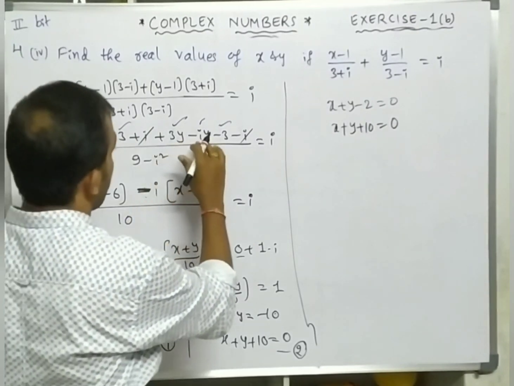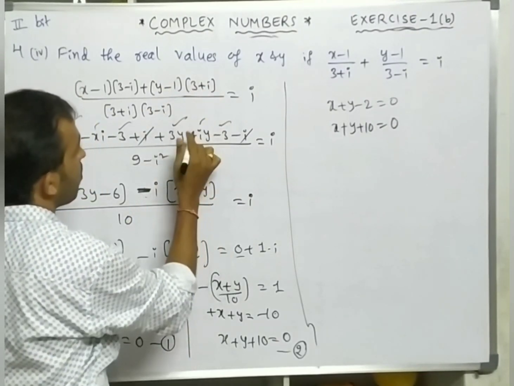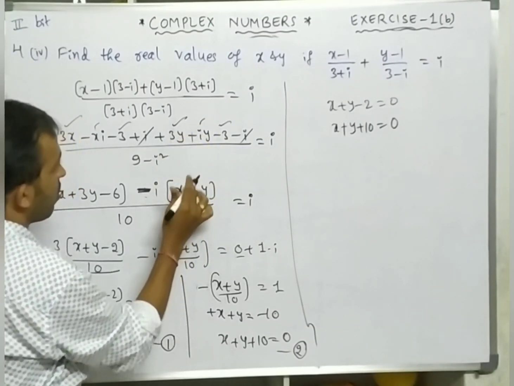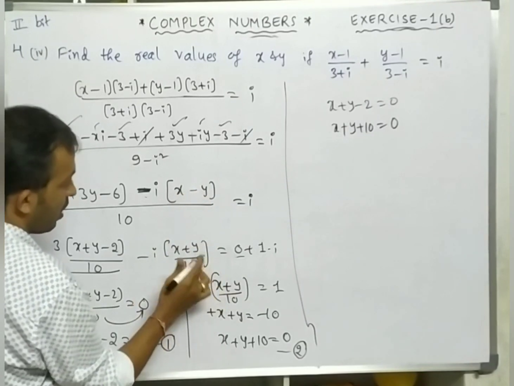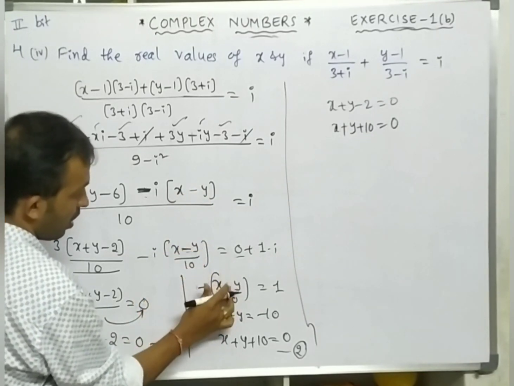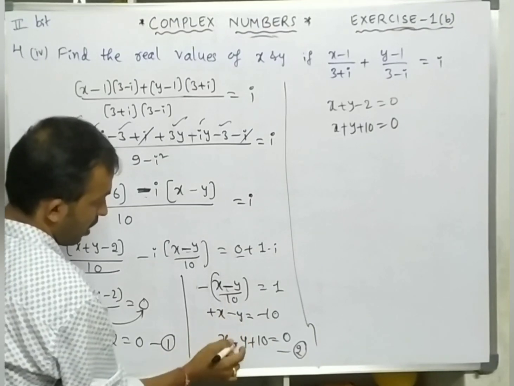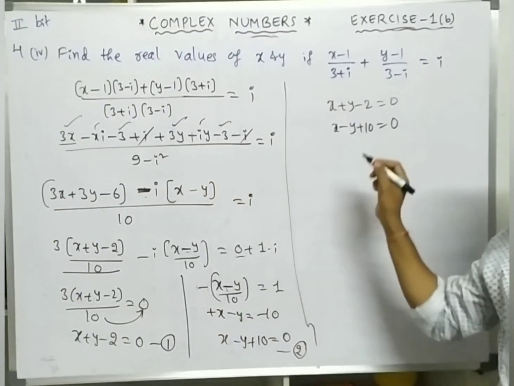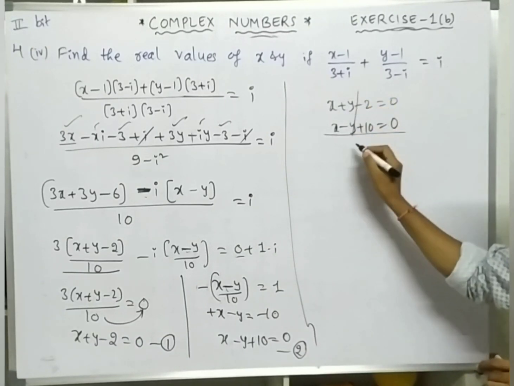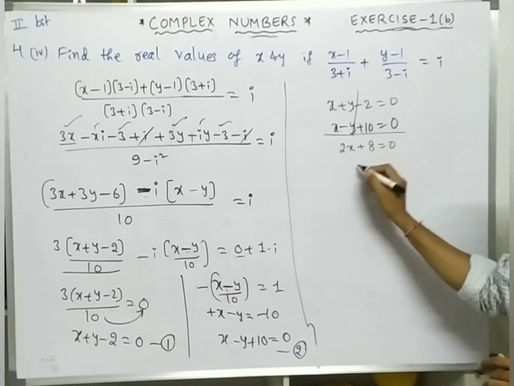Here I made a small mistake: 3 into y is 3y, and y into i is iy. So here, taking minus i common, we will get x minus y. Now solving, y gets cancelled, x plus x is 2x, 10 minus 2 is 8, equal to 0.